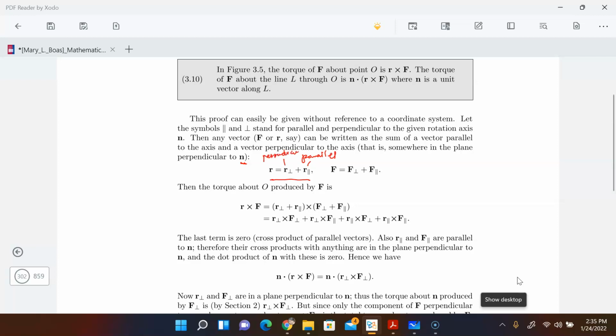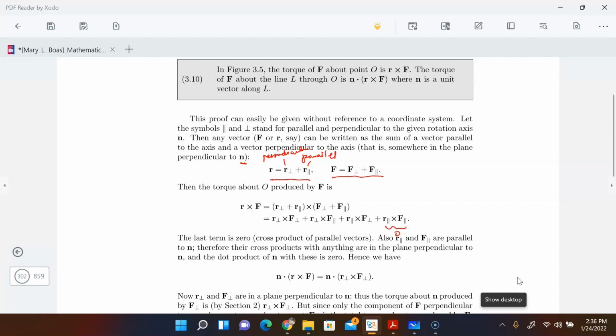So one could always do that to any vectors, including this force, for example. Okay, so when you do R cross F, you'll be able to see that you can just simply expand this. This will be 0, for example, it's a parallel component.